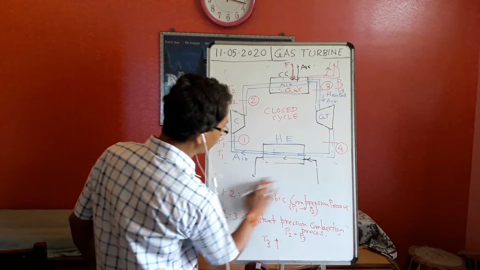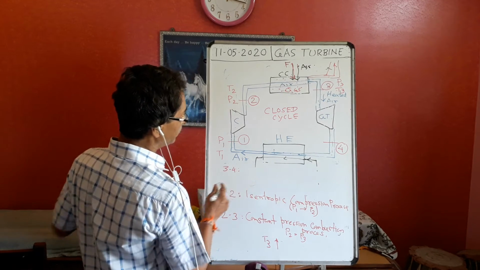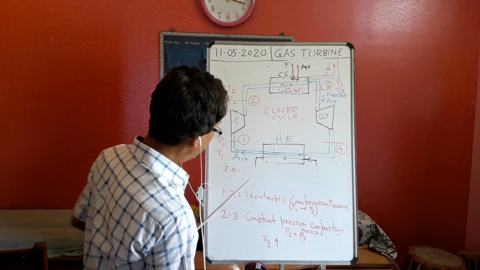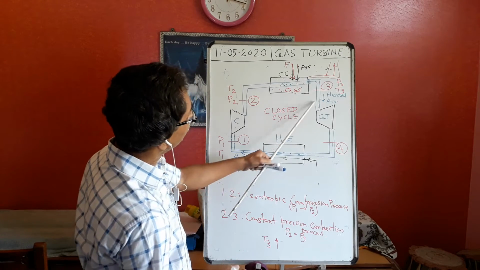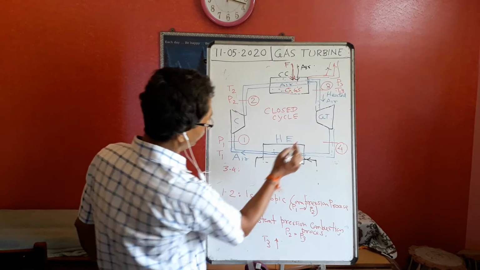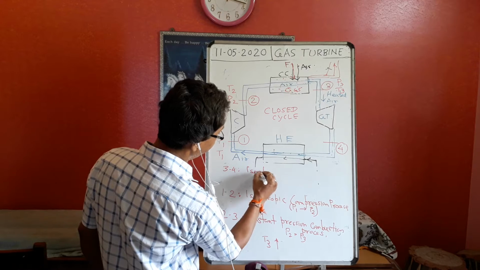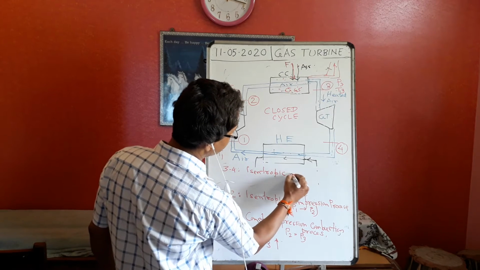Then what is 3 to 4? I am writing here 3 to 4. 3 to 4 is happening in the gas turbine, and this process is called isentropic expansion process.